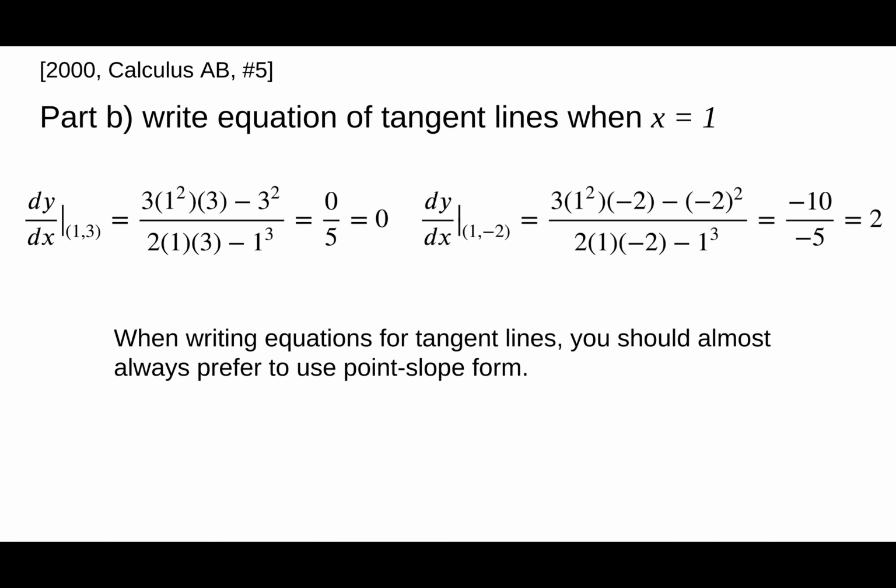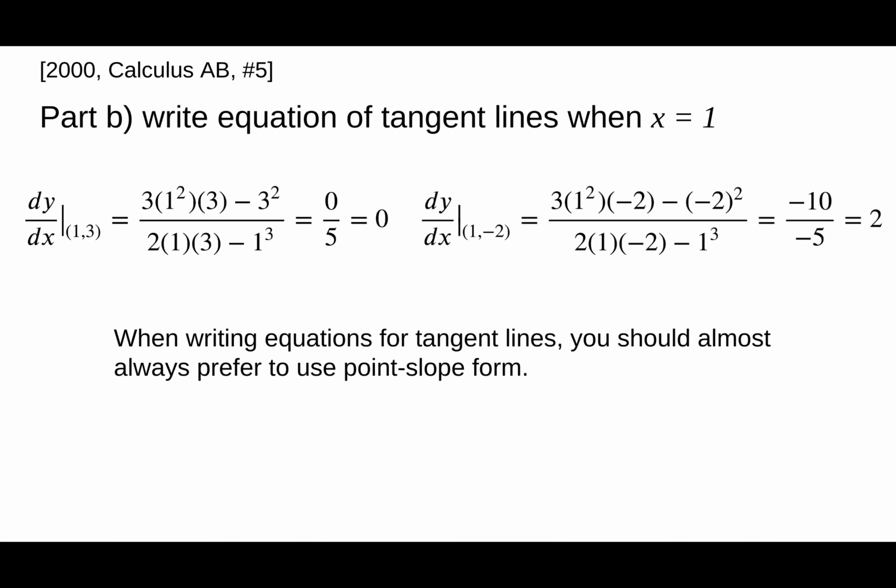And if we evaluate dy/dx at the point (1, negative 2), substituting 1 in for x and negative 2 in for y, we get negative 10 over negative 5, which is just positive 2. Now for the first one, normally I would suggest writing the equation of any tangent lines in point slope form, since it's probably going to be the easiest to get with the information that you're going to have.